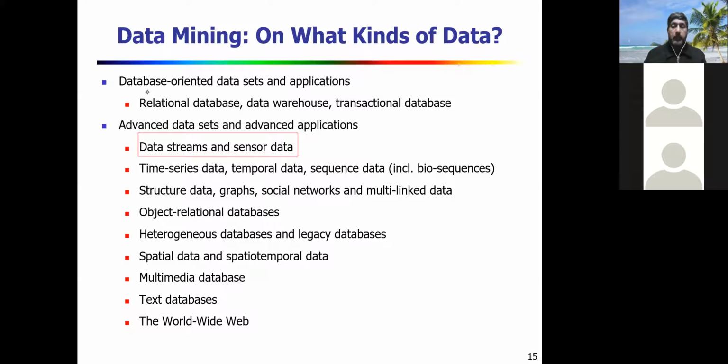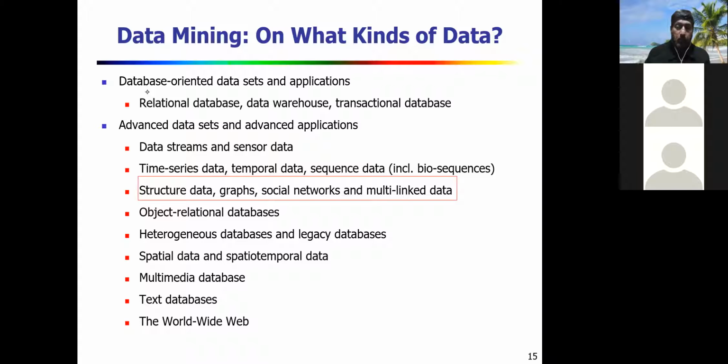You can also have data mining done on streams, which are continuous flow of data, which we can call stream data mining. And also if the data is sequential or time series or spatial temporal, you can have time series or spatial temporal data mining.